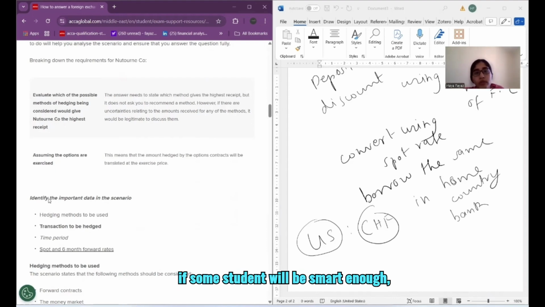Just in case some student is over smart and asks, what if I don't exercise the option contract itself because it's an options contract? For that purpose, this assumption has been given to us in the question itself. So that is why it is said, please read the question properly, right? Don't do such over smartness.